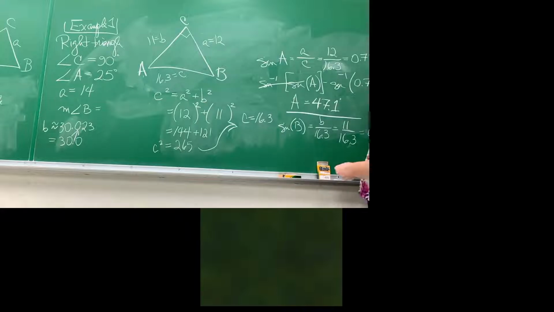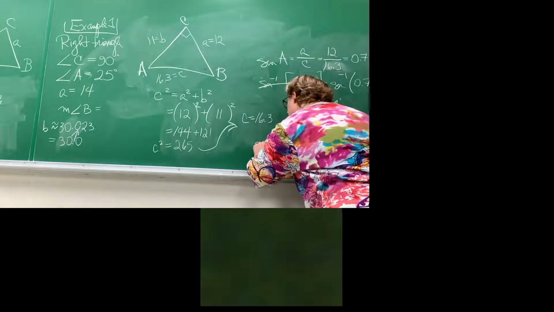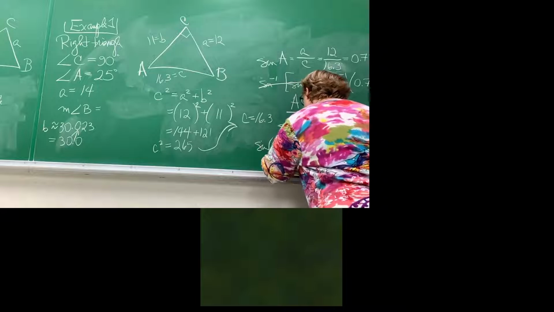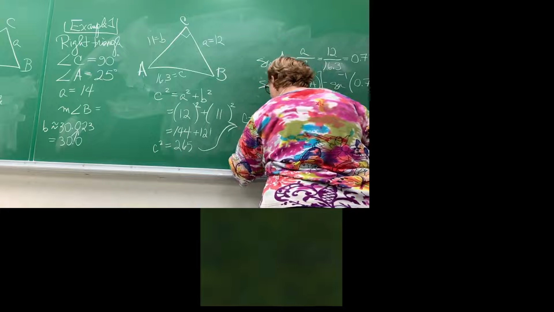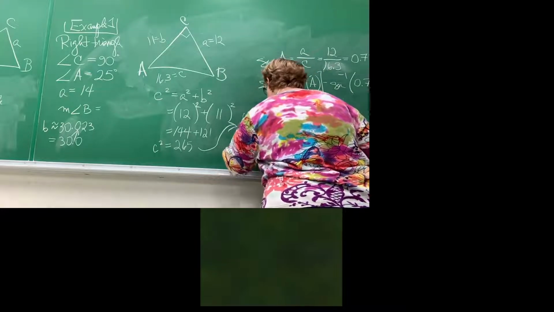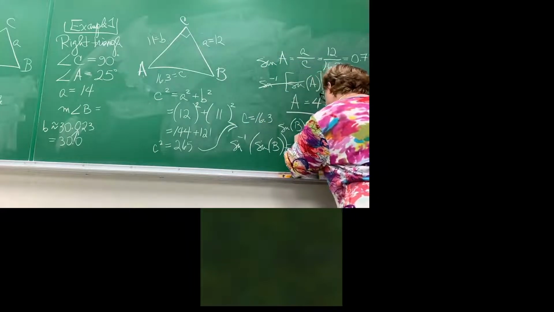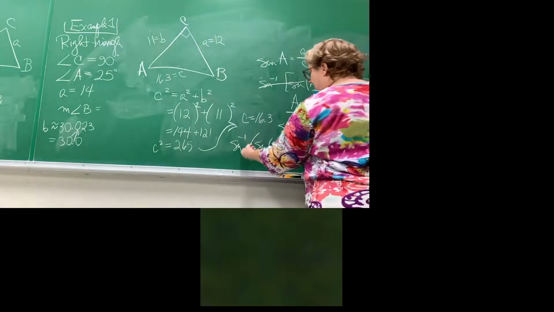Okay, so we've got that the sine of B is 0.6748. And how can we get to B? Yes, we can take the inverse sine of both sides. On the left, what happens?